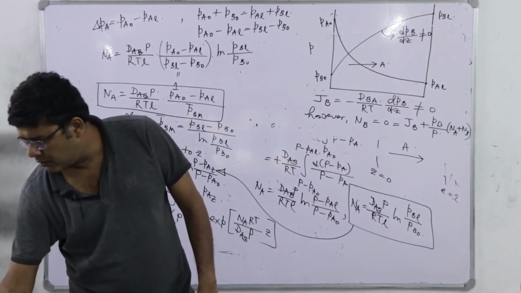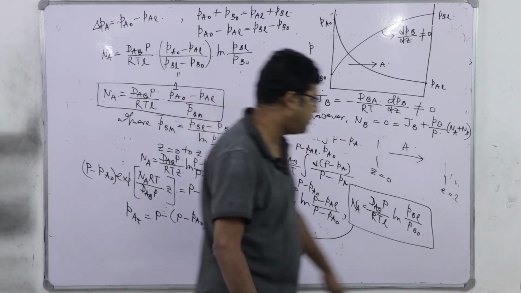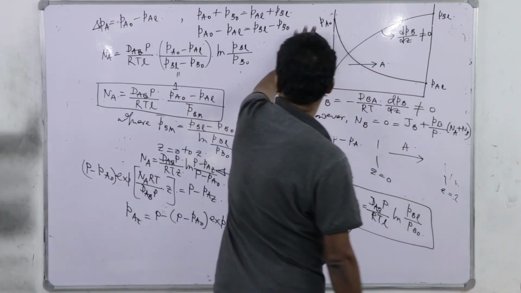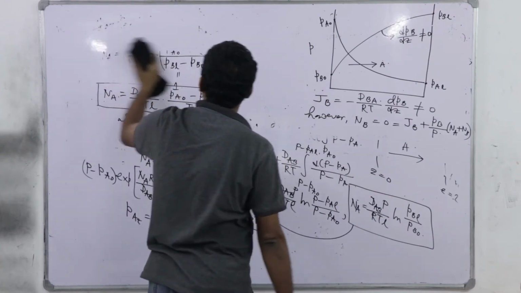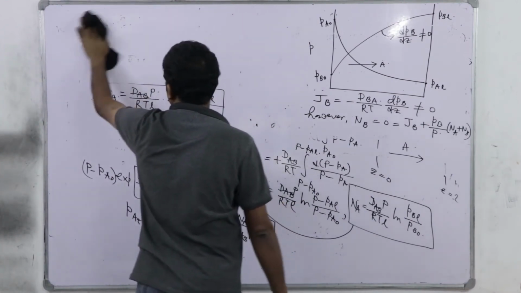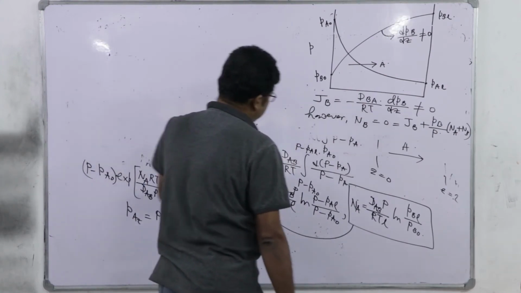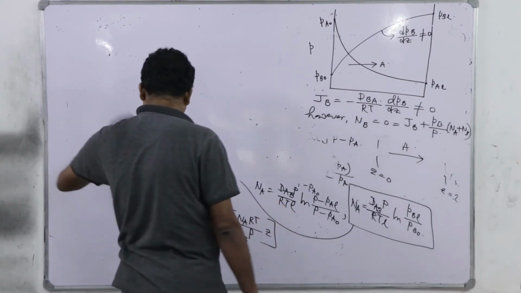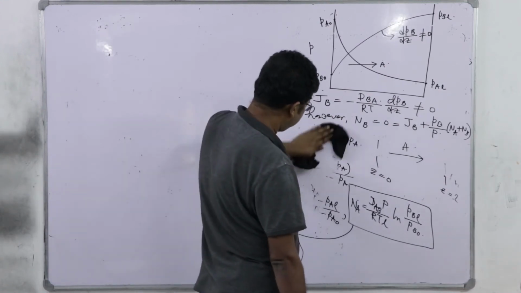Now, we will discuss the diffusion of A through counter diffusing B. It is pretty simple here. So, if diffusion of A is taking place with equimolar counter diffusion of B, then definitely you have Na plus Nb equal to 0. Why?